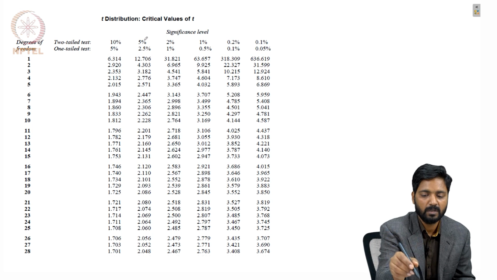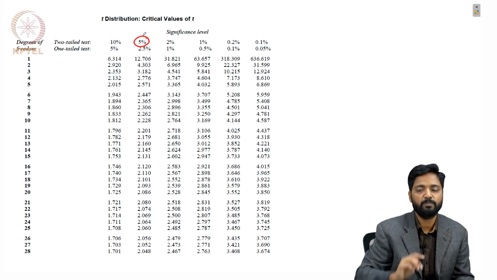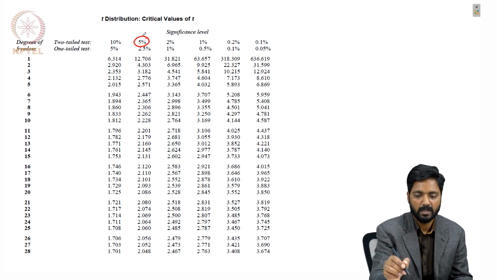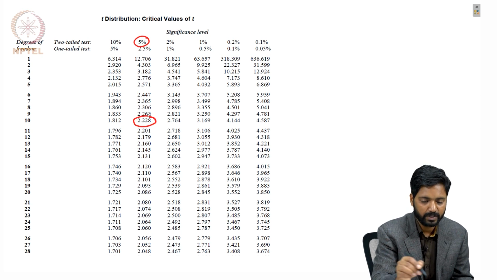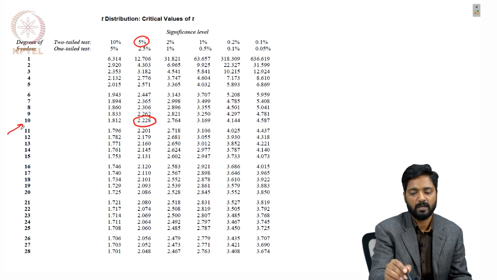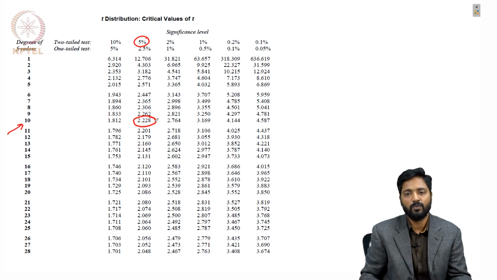The t table at 5% significance level and 10 degrees of freedom gives us a t value of 2.228.